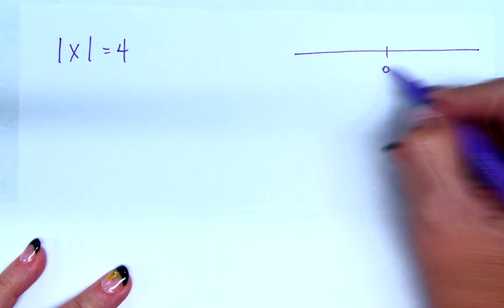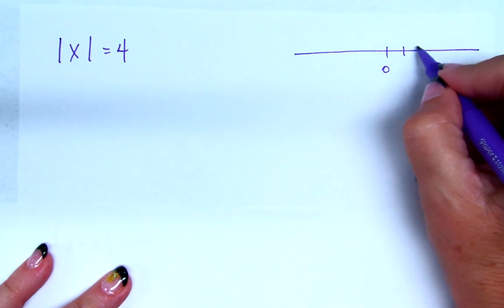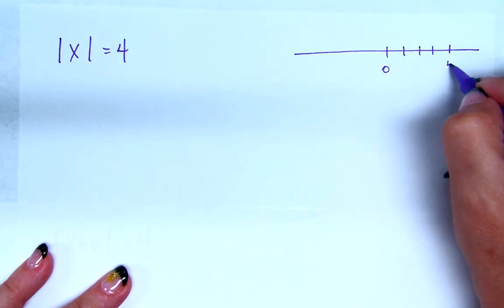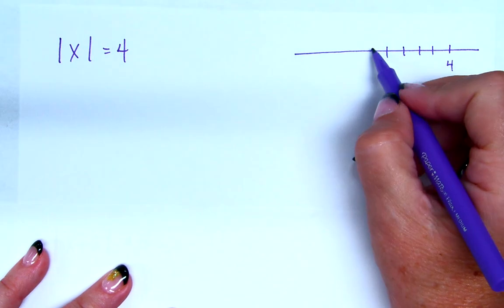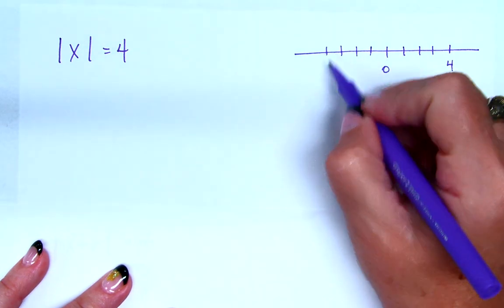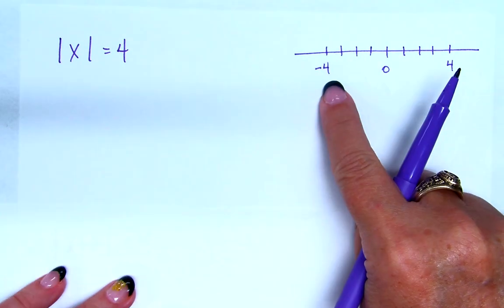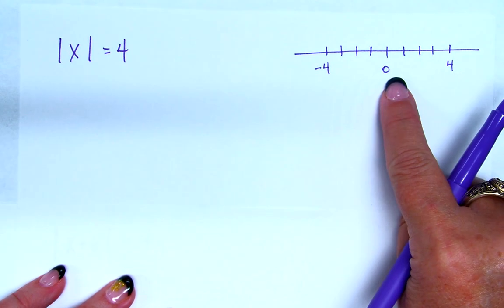Okay? So let me draw this for you so you make sure you have it in your head. If that's 0, isn't that 4 away from 0? Yes. But isn't that also 4 away from 0? Yes. It is.